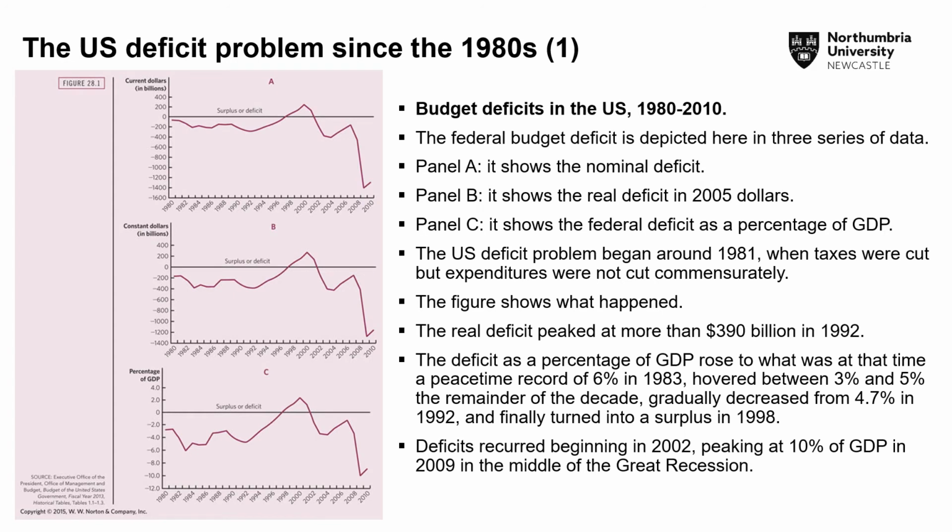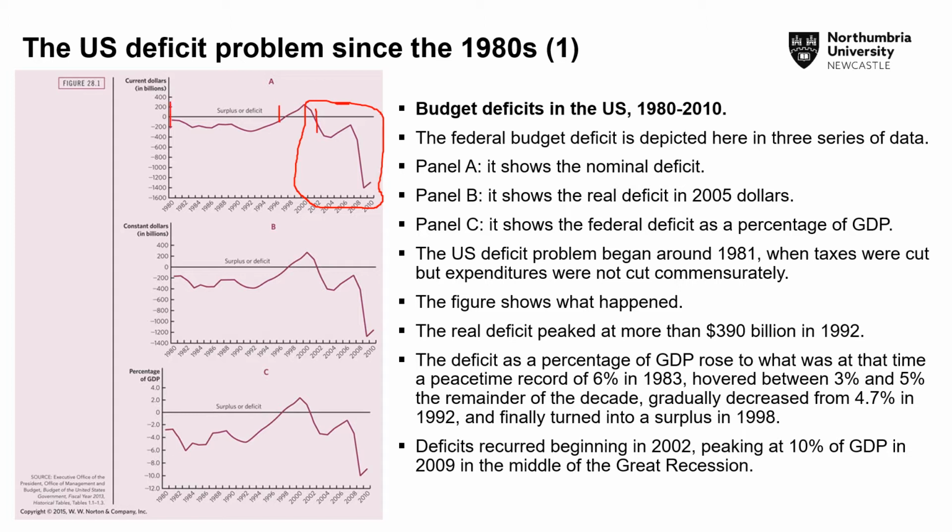So let us take a look. What is it that has started happening? As you can see, in terms of current dollars, in other words not adjusted for changes in prices, we see what appears to be a massive deficit from the early 2000s, but also a short period of time when there was a surplus.